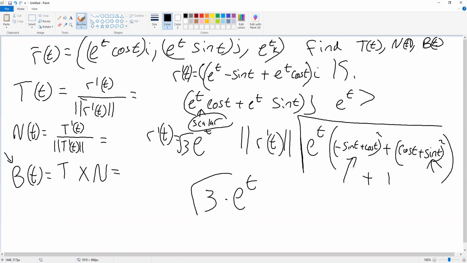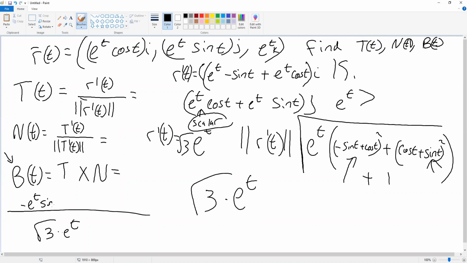Okay, just check. So this is going to be basically this entire vector over this value, so maybe you're going to have root 3 e to the t, all of this under, what is it going to be? Well, it's just going to be e to the t.